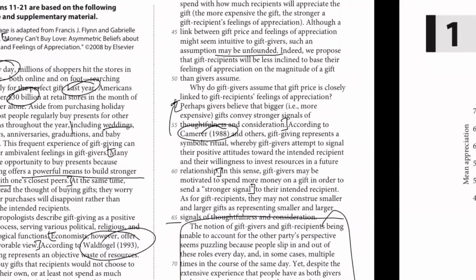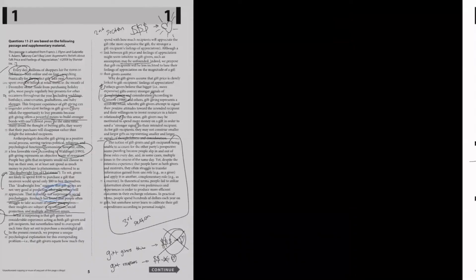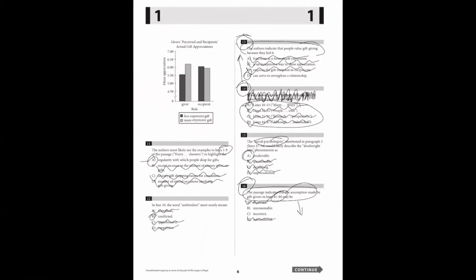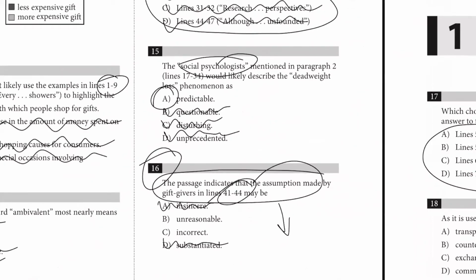Right? So let's see. 53 to 55: "Perhaps givers believe that a bigger gift conveys stronger signals of thoughtfulness and consideration." So does that really talk about why... oh wait, no. Let me rephrase that.